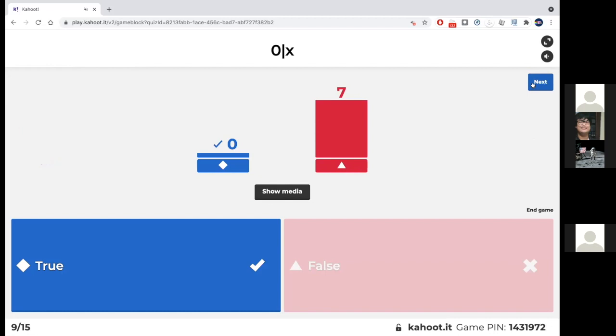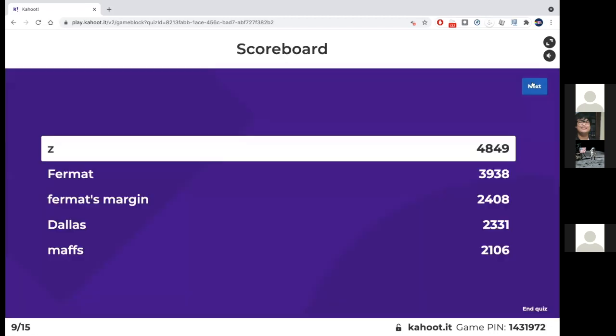So any number divides 0. I'm not sure about this question. You guys will get that right. I think we'll quality check these questions next week.